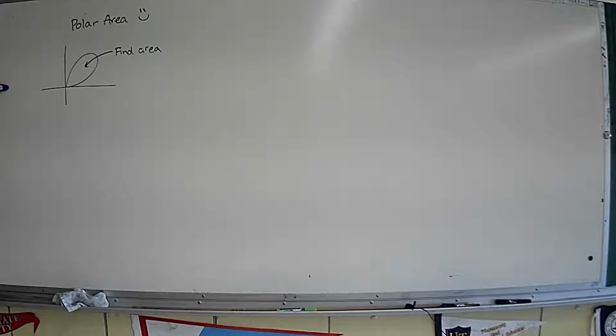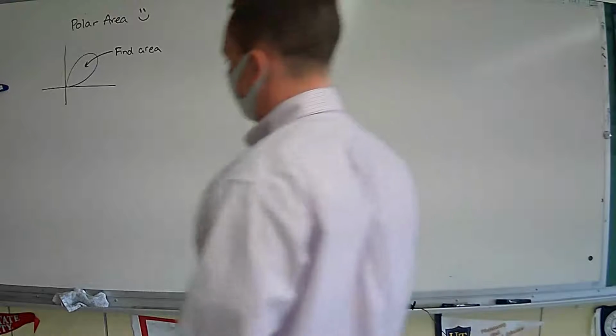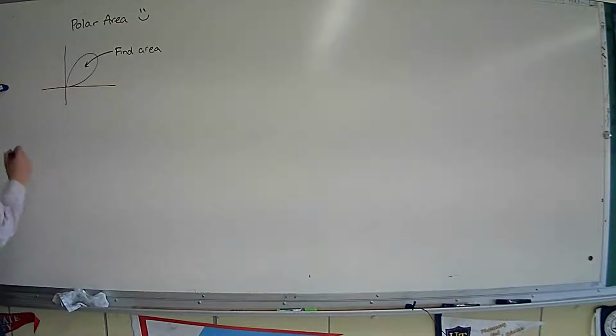So we're going to use integration to do this, and we're going to develop this formula just so you can see where it comes from and see what it is that you're adding up. Okay? So in order to get there, we've got to go back probably to freshman year.